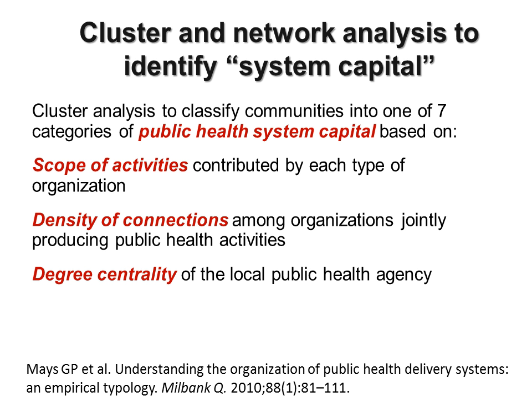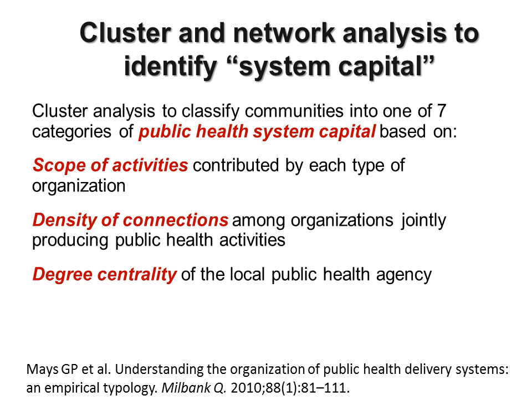So once we get the NLS-PHS data back, we use a combination of cluster and network analysis techniques to identify system capital, right? And then we use these techniques to classify communities into one of 7 categories of public health system capital, and they're based on 3 basic measures.